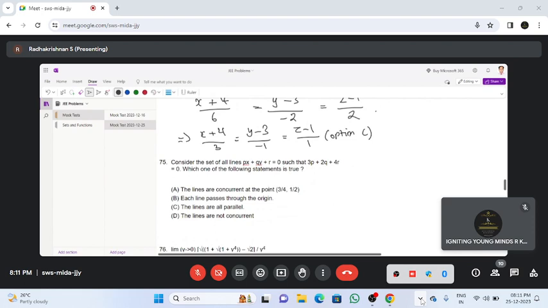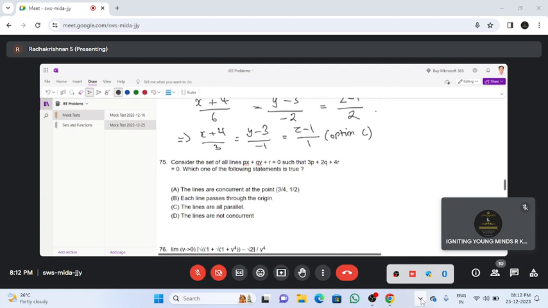On the side, 3p plus 2q plus 4r is equal to 0, sir. Using that I found the value of r. r is equal to minus 3p minus 4q divided by 4, sir. I substituted this value of r in the equation: px plus qy minus (3p minus 2q divided by 4), whole divided by 4.